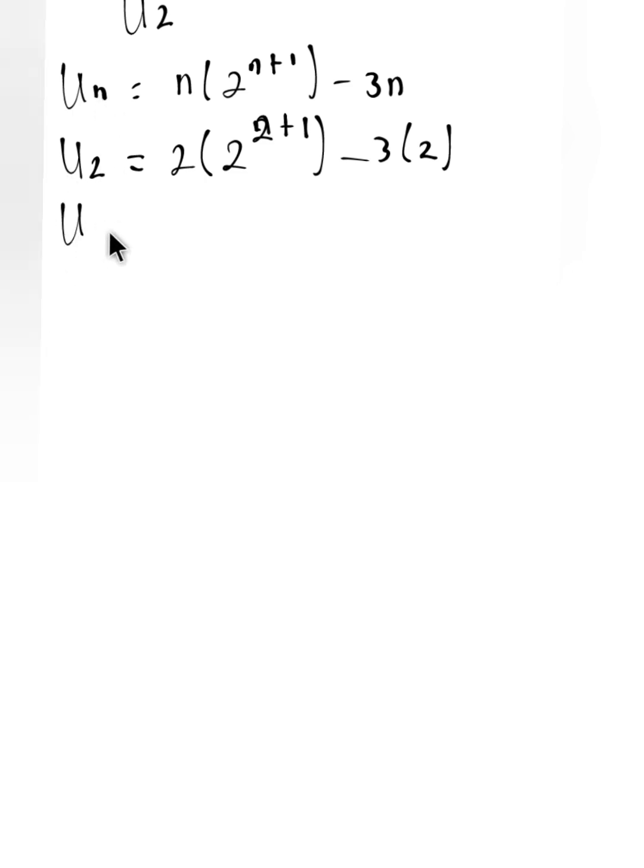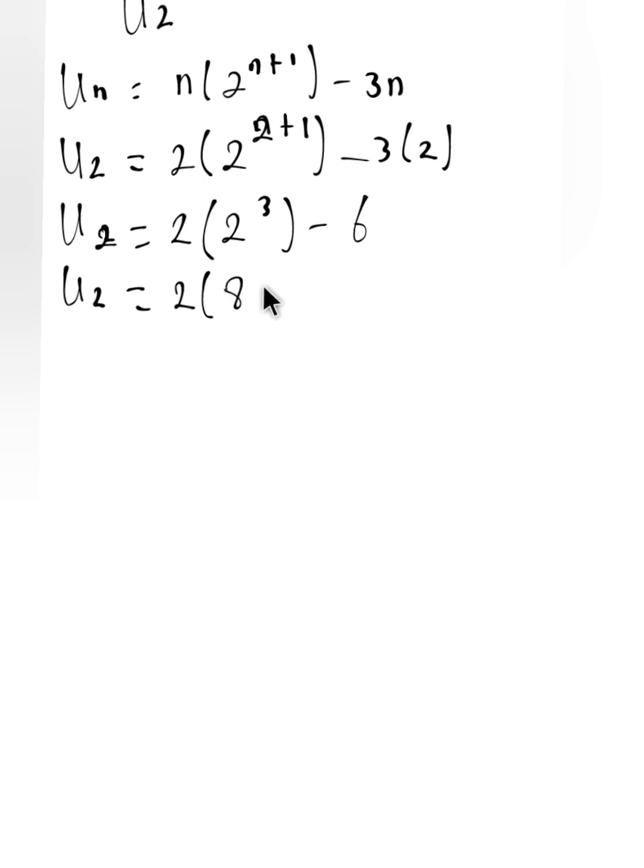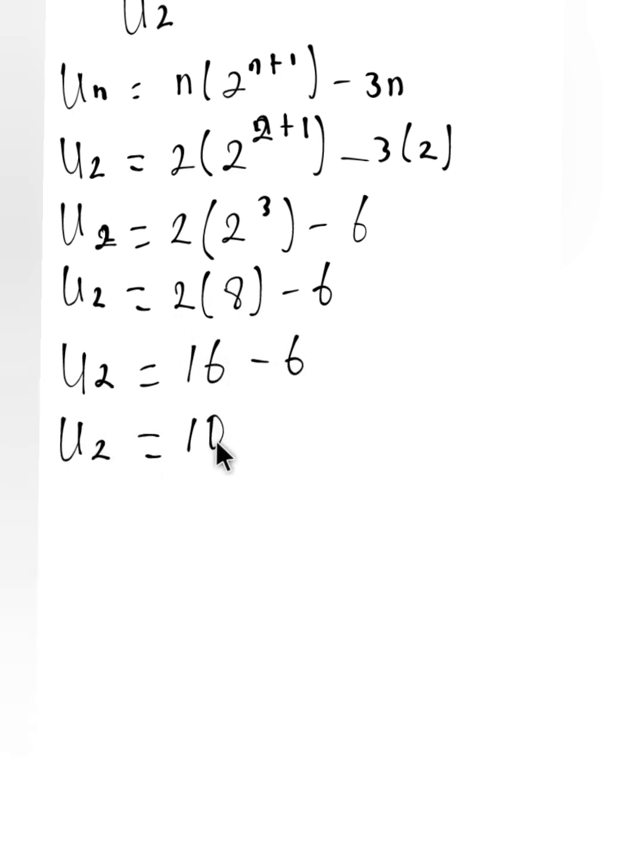So u2 will be equal to 2 times 2^3 minus 6. 3 times 2 is 6. u2 is equal to 2 times 8, because 2^3 is 8, minus 6. So u2 will be equal to 16 minus 6, and u2 is equal to 10.